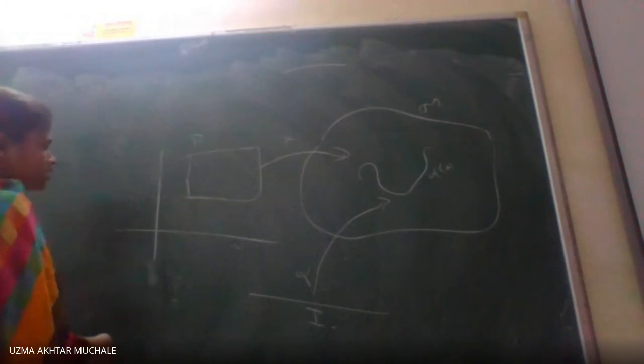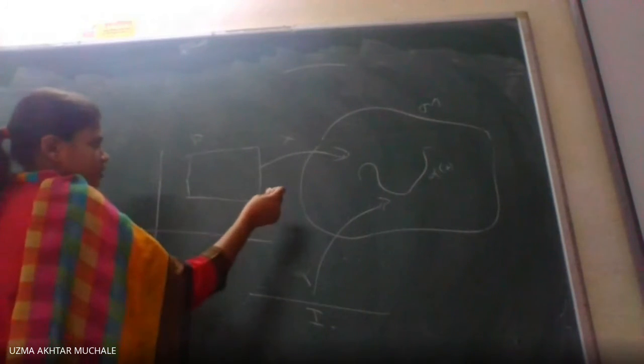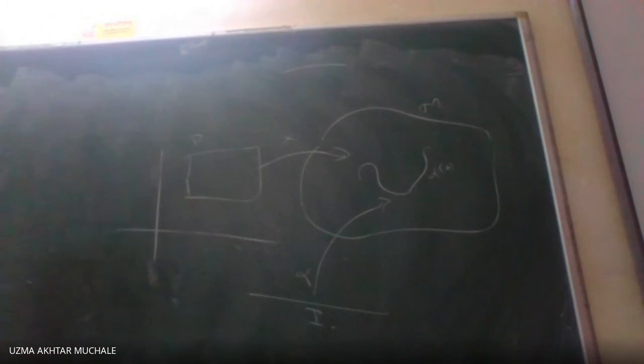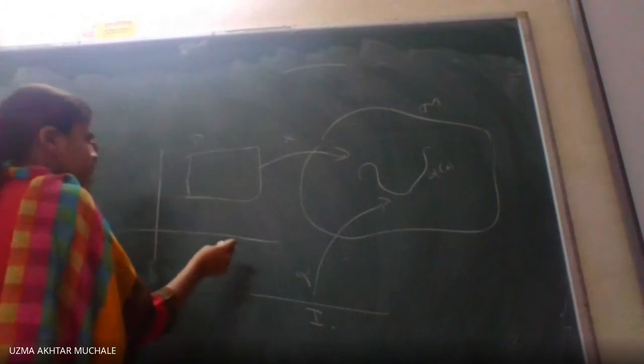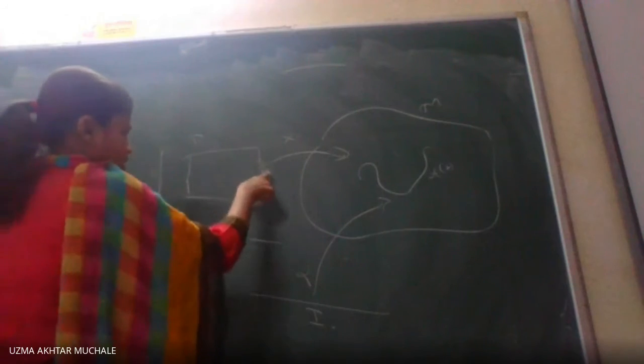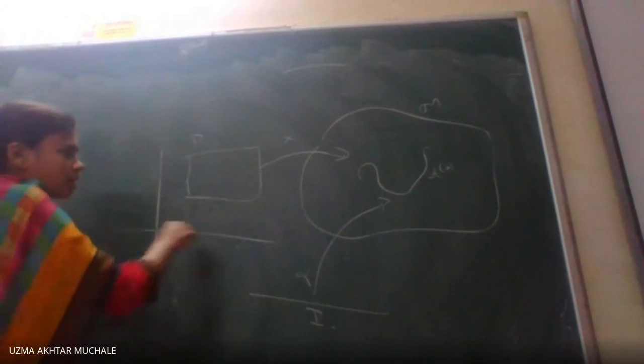What will be x inverse? X inverse is a mapping from x of D to D, the inverse mapping. This is x, and x inverse goes back from here.